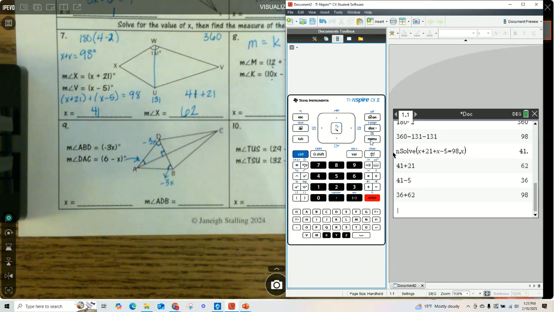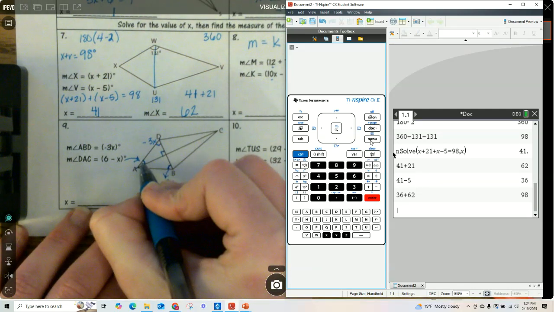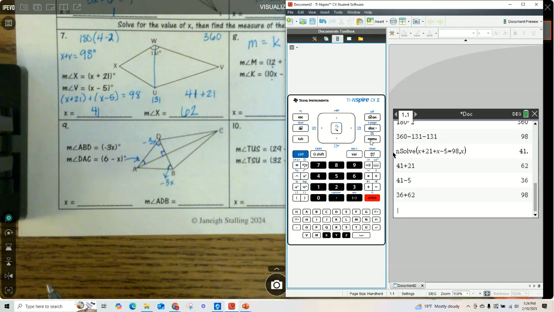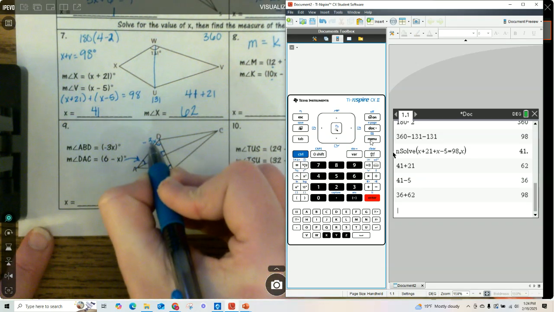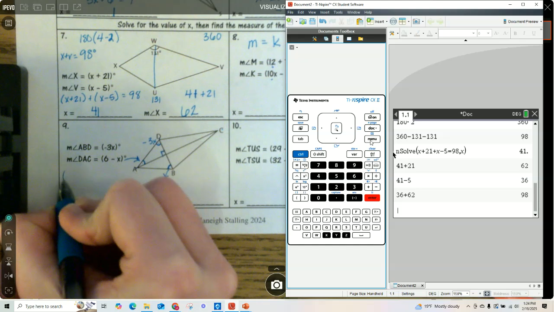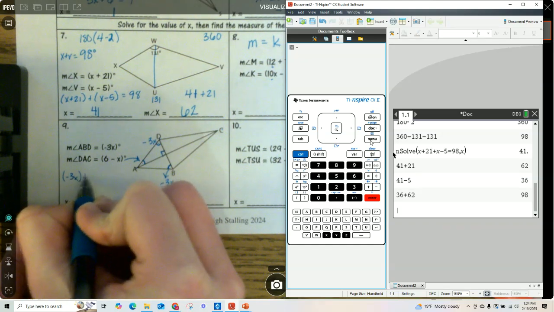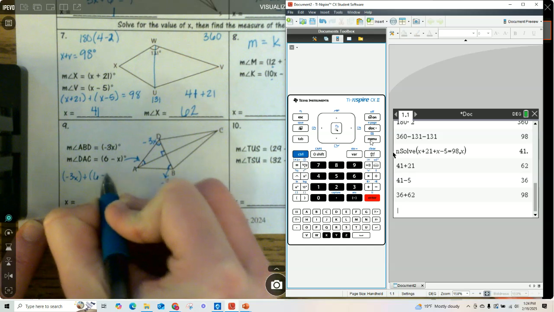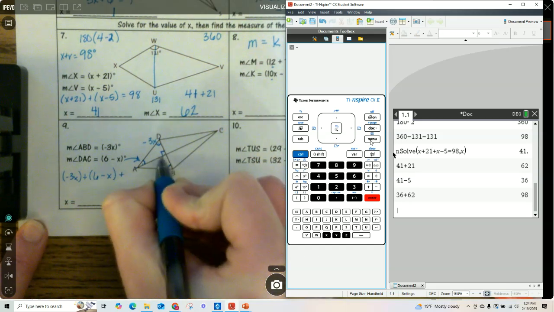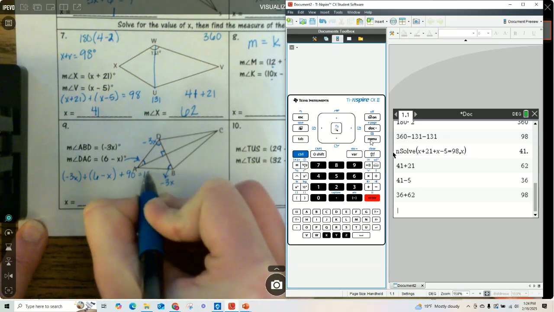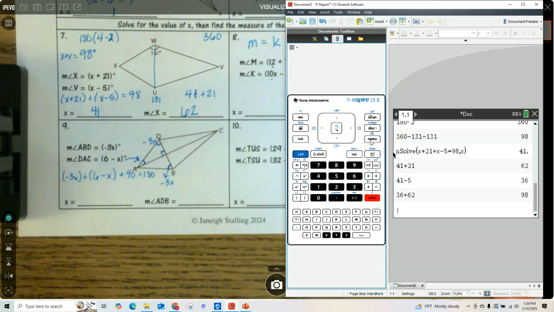What we're dealing with when we're doing the diagonal angles is a triangle every time. If I have some kind of representation for all 3 angles, add them up, set them equal to 180. So my first angle is negative 3x. My second angle is 6 minus x. My third angle is 90. And I can set it equal to 180.